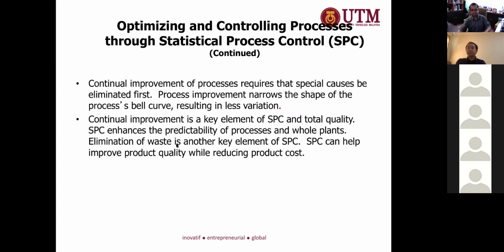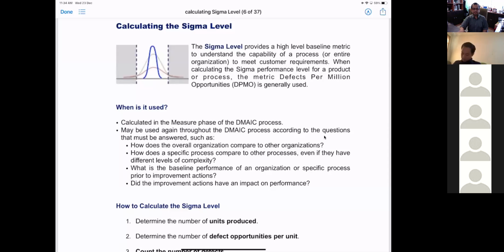Now, besides we determine the level of capability based on process capability or population capability, CPK or PPK, we can determine the sigma level based on defect as well, based on defects per million opportunities.